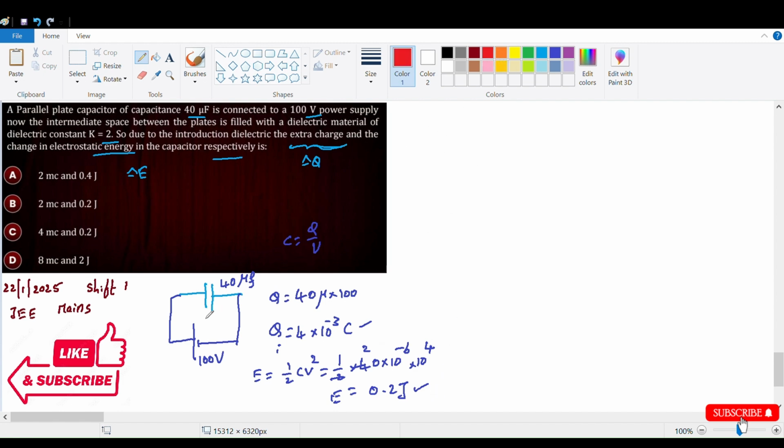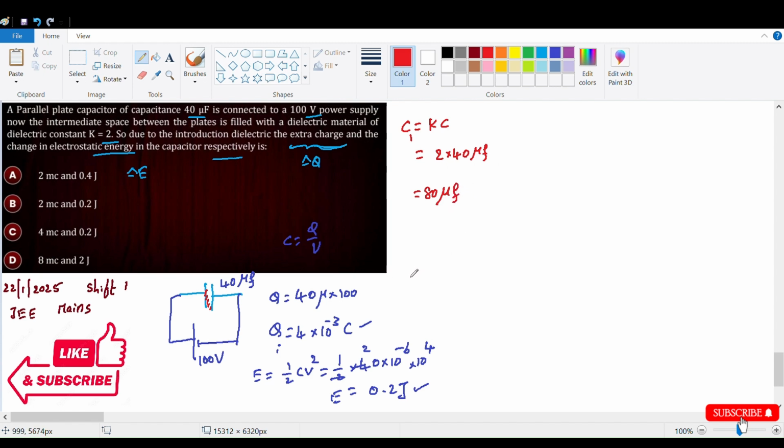Now what they did, they filled the dielectric in it. Now C increased by K times, okay. K value 2, C value 40 microfarad. So it becomes 80 microfarad.